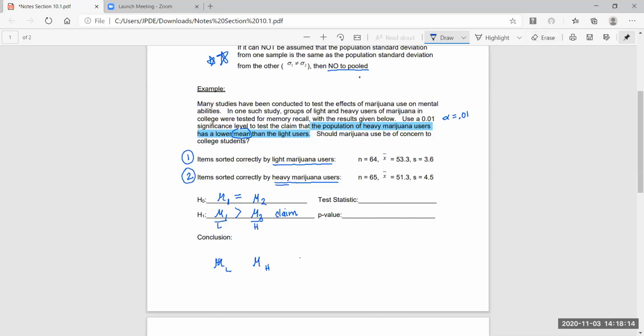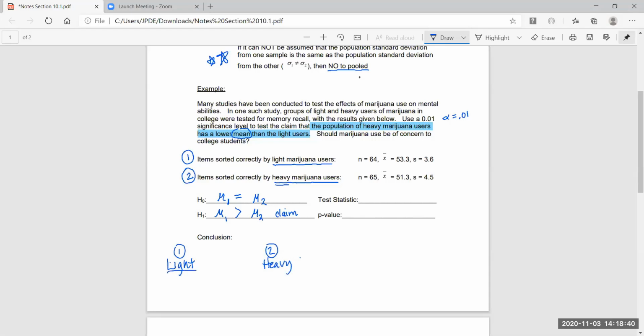The other thing that sometimes kind of helps people, and I'll just show you down here, is we're looking at this vertically. Sometimes if students write it this way, like light users, heavy users, and then you decide this is sample 1, this is sample 2, whichever way you decide.